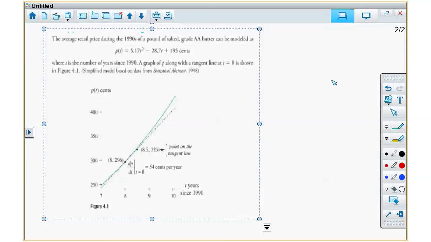What's the difference between the slope and the function? The function gives you a cumulative cost, whereas the rate of change gives you an up-to-the-minute or up-to-the-second change.